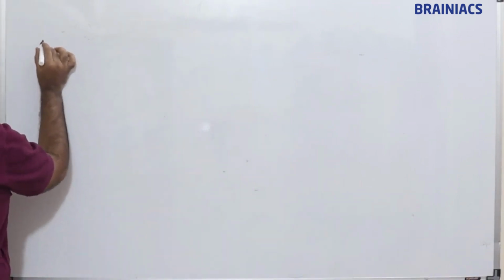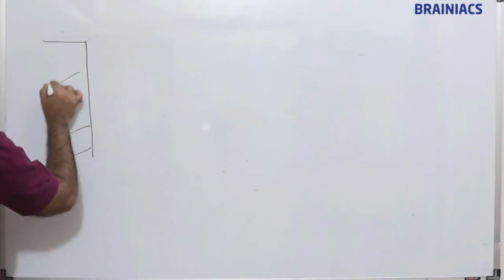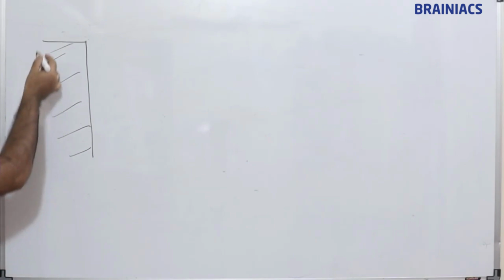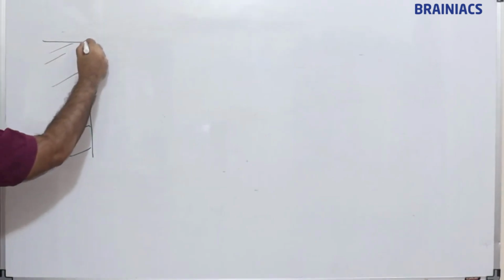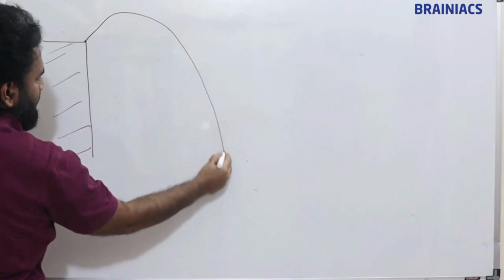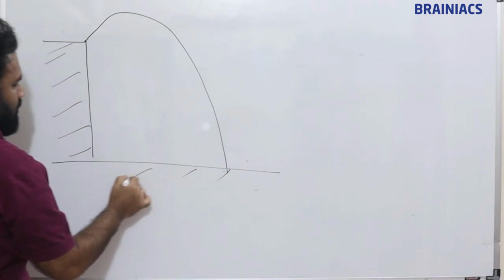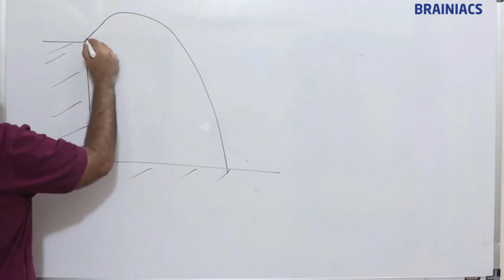Suppose this is a tower, and from this a particle is projected like this. Now this is the ground.